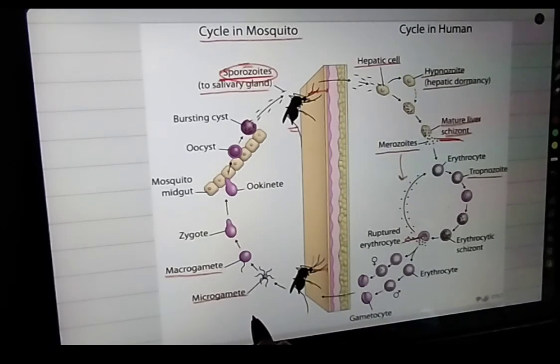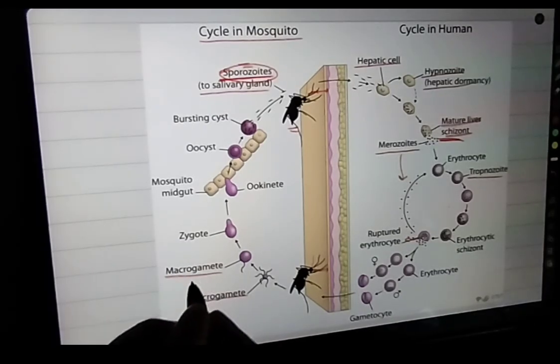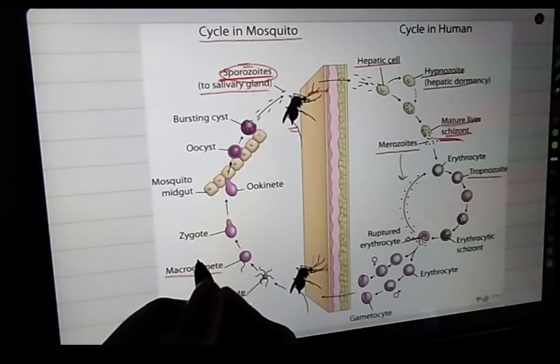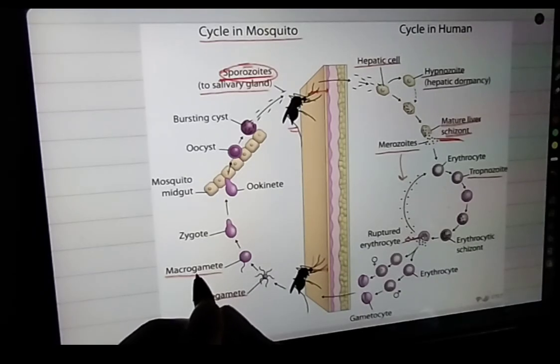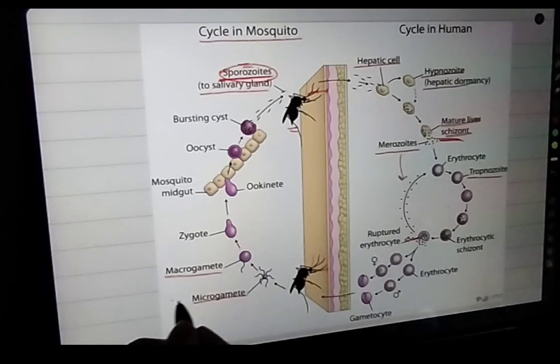Along with the gametocytes, the mosquito also takes some asexual forms, which are degraded in the GIT. The gametocytes reach the midgut of the mosquito, where they undergo development and form gametes.